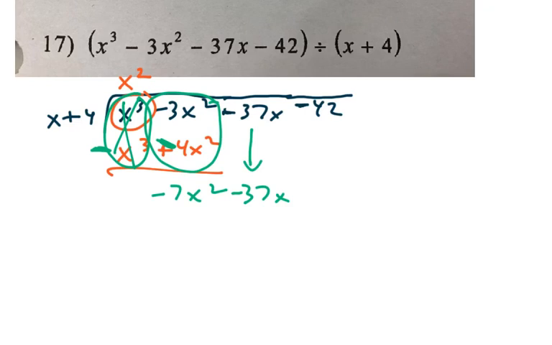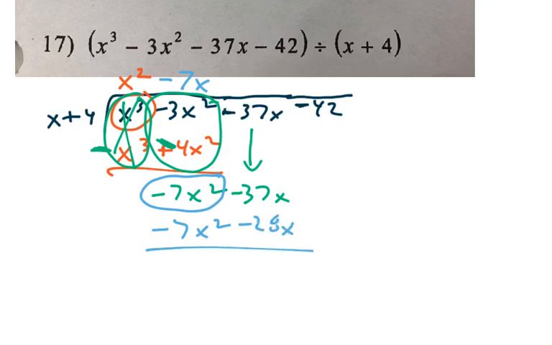And what I mean by that is now we're going to look at this minus 7x squared and match it up with the first term in our divisor, x, again. And that would mean we'd need a negative 7x, you see. So again, we're going to distribute right here. And we're going to end up with negative 7x squared minus 28x.